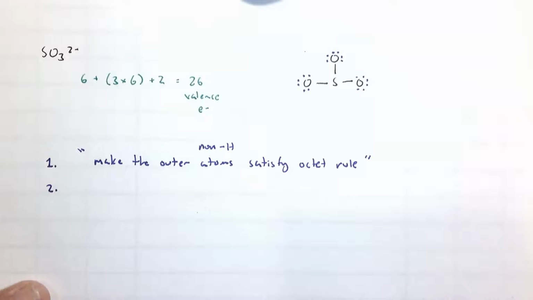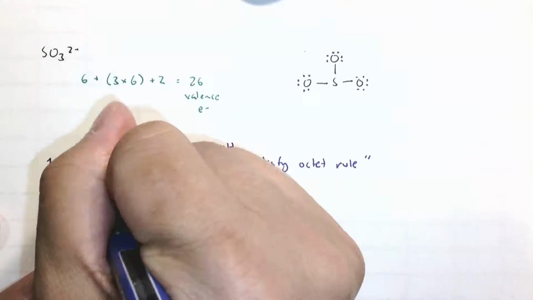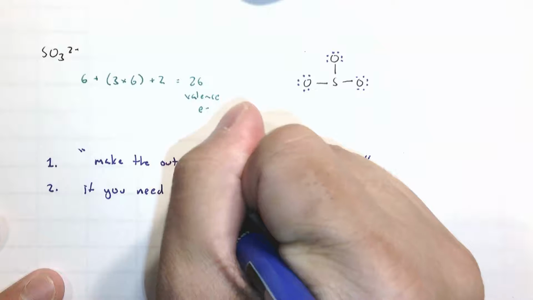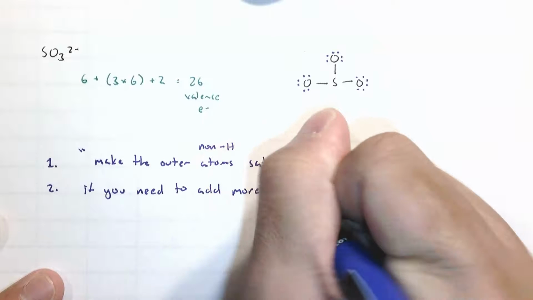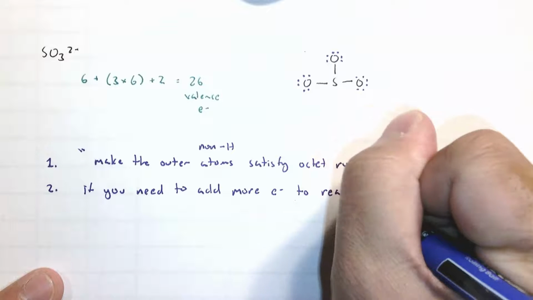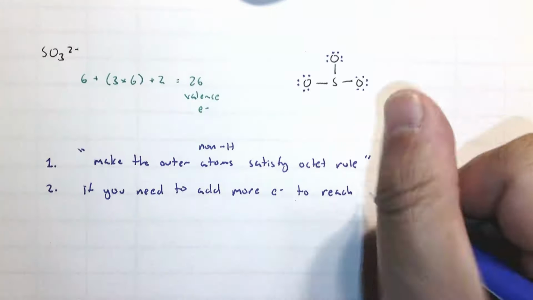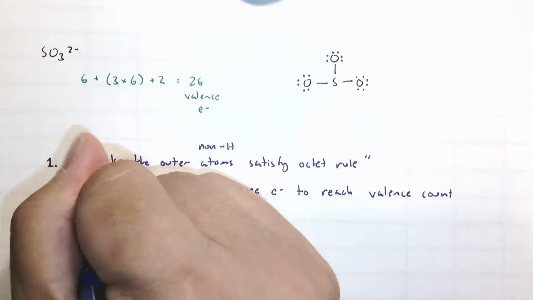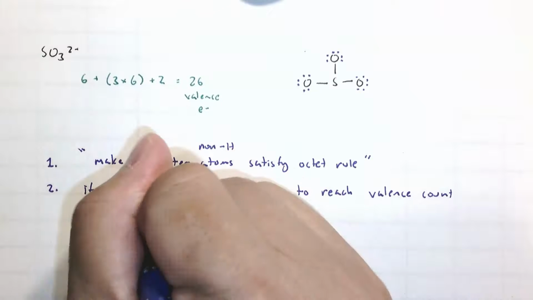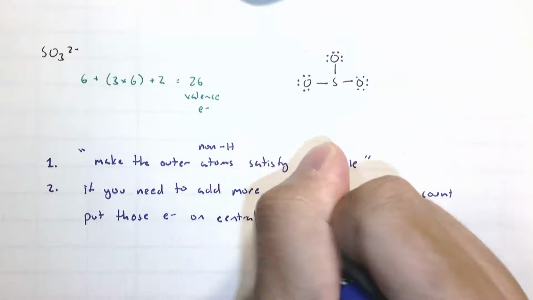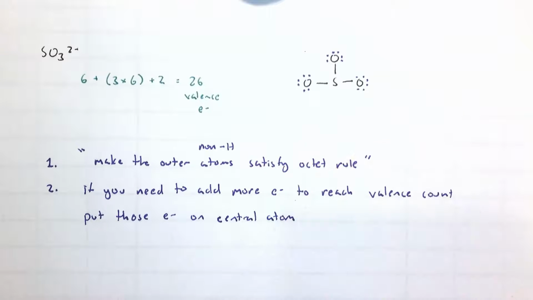Step 2, if you need to add more electrons to reach the valence count, put those electrons on the central atom. Again, this is slightly different than what we learned with neutral compounds.